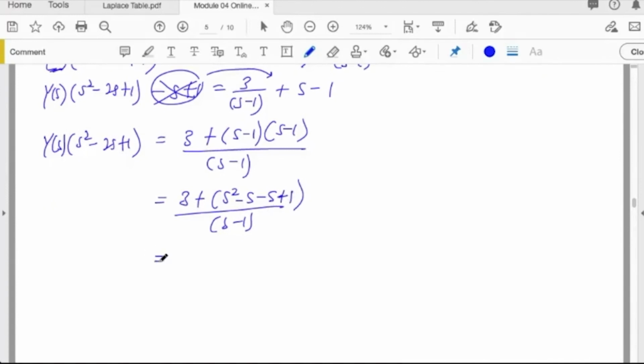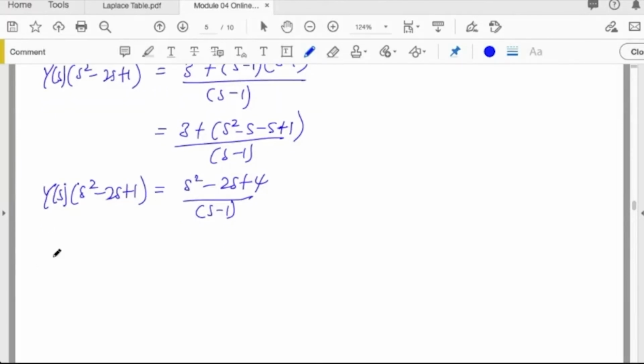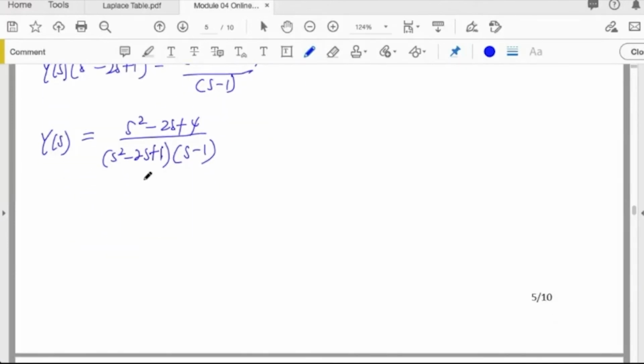Overall it gives you (s squared minus 2s plus 4) over (s minus 1), which is equal to Y(s) times (s squared minus 2s plus 1). So we solve for Y(s), and that part we bring to the right-hand side. Then we have the function Y(s).